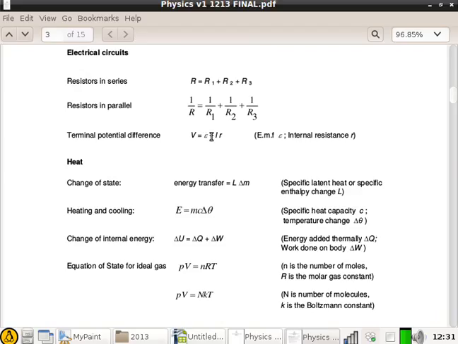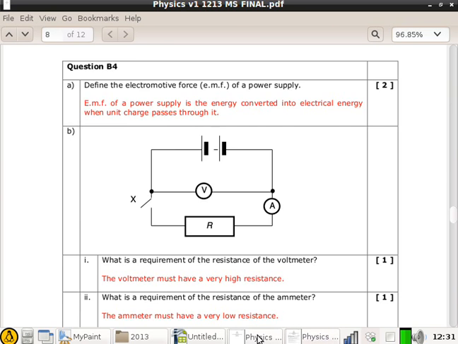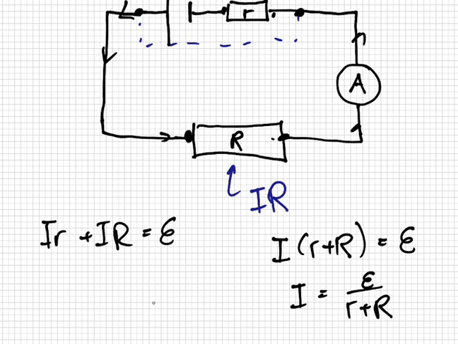Yeah. This formula here, that's pretty much the same formula I have here. Do you remember? Originally I had the V here.